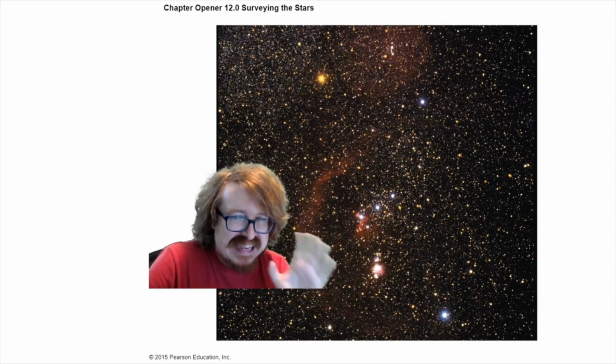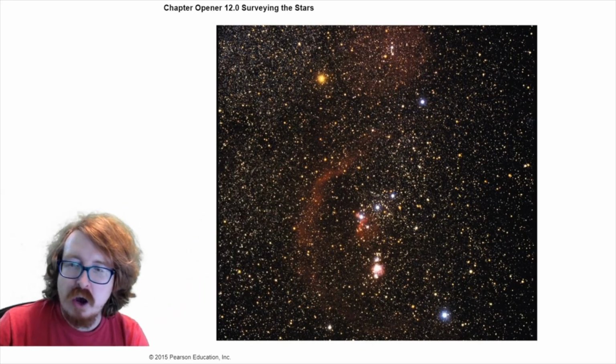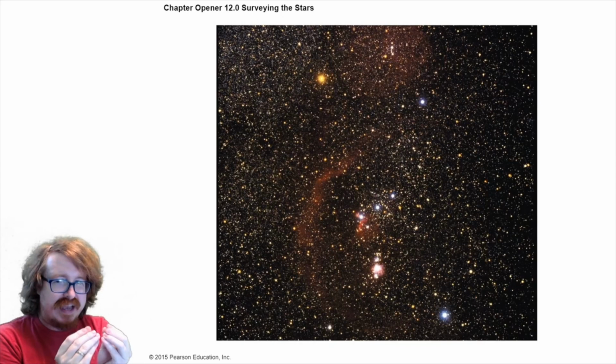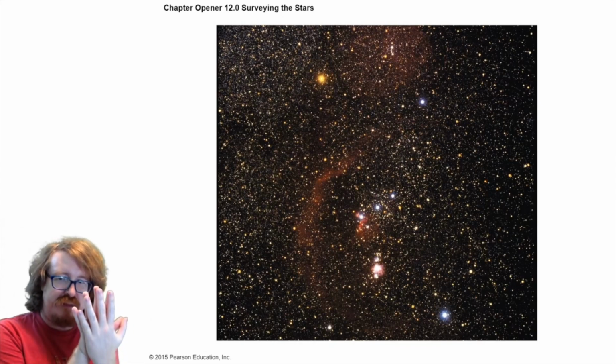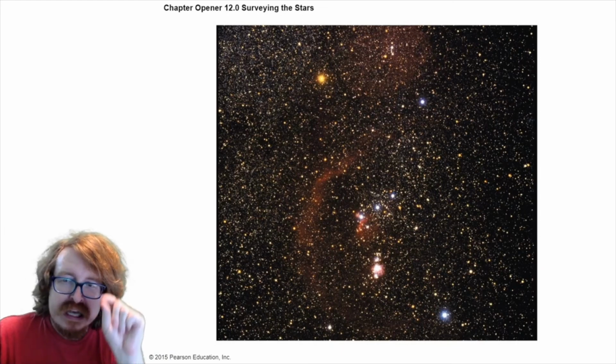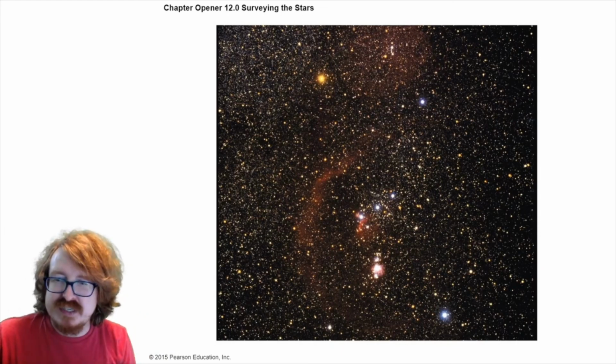Would this be easy to notice? Would it be easy for you to notice this happening? No. The only way to do it would be you'd have to take very precise pictures and compare them side to side, and you probably would have to get a computer to help you look for any slight changes in these things.